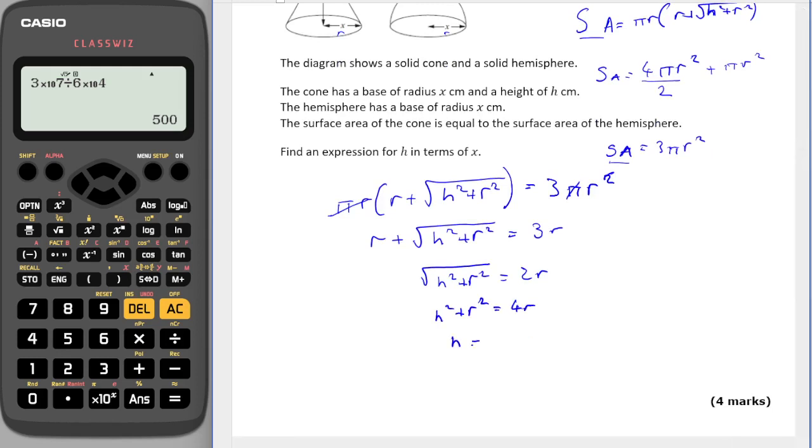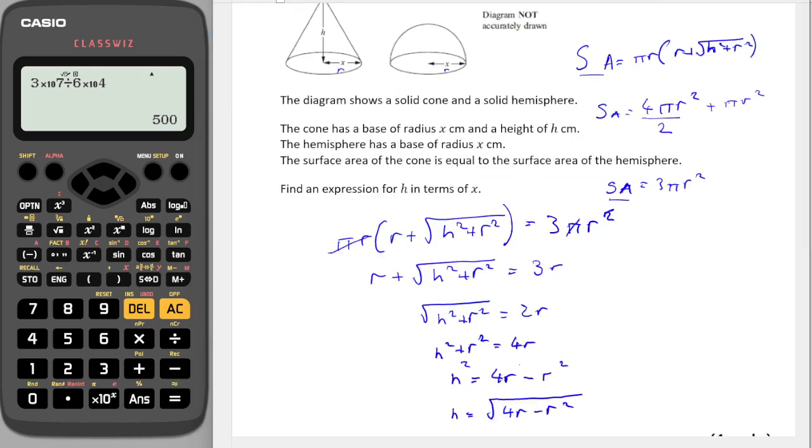So h squared is going to be equal to 4r minus r squared. So h is going to be equal to the square root of 4r minus r squared.